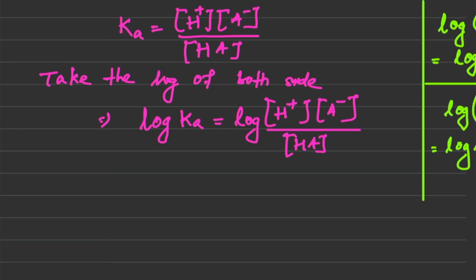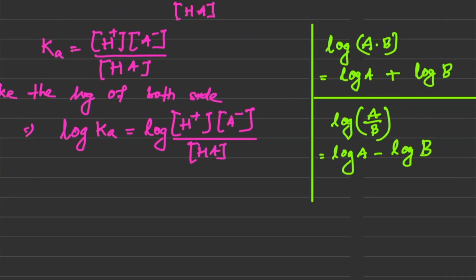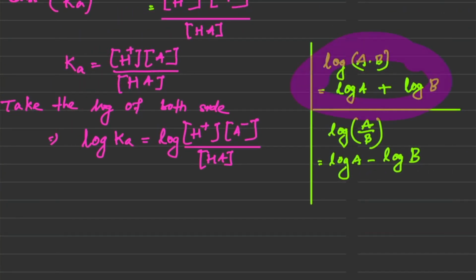Now let's apply the same formula that we just did here. What if this whole thing is a multiplication of H+ with this? Let me highlight this. So what if we open it up?